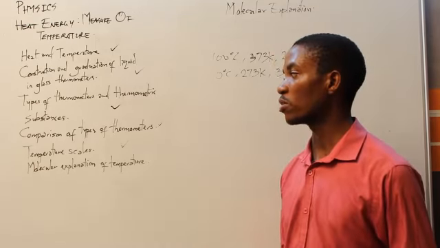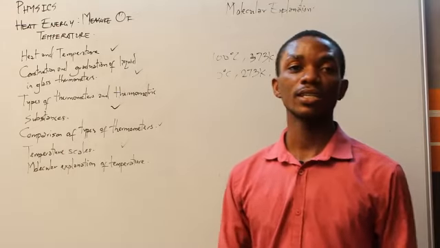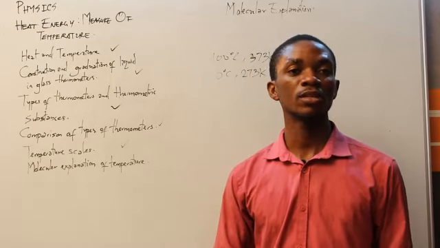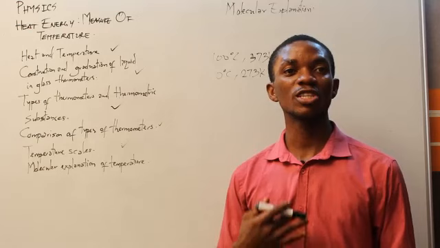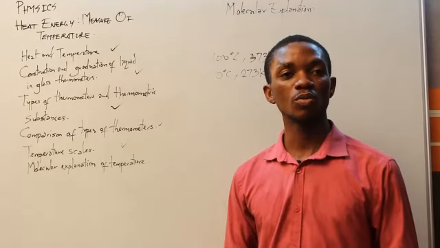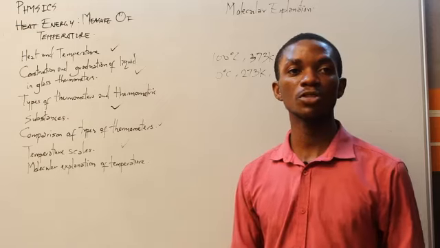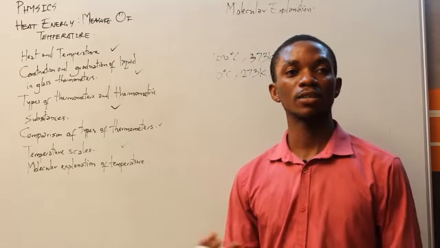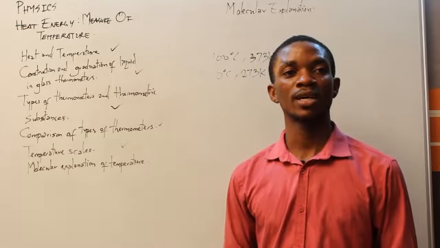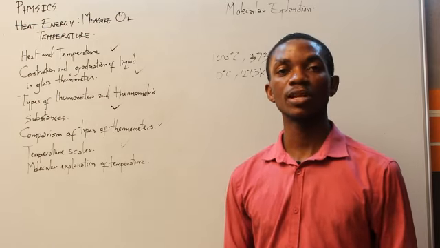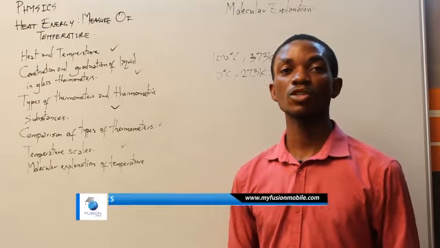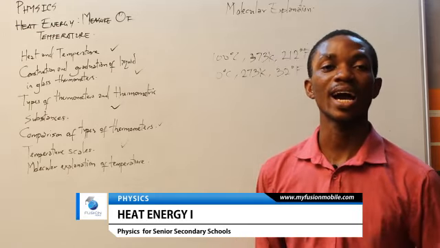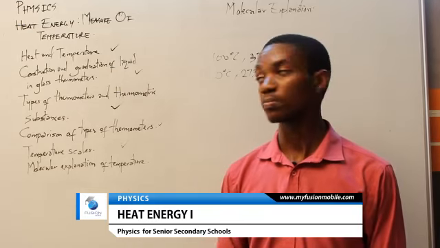We looked at the comparison of thermometers, and we decided that the most appropriate thermometer for day-to-day life is the liquid in glass thermometer, because it measures within the ranges we work with every day. But for extreme temperatures, we have other thermometers such as the constant volume gas thermometer, the platinum resistance thermometer, and the electric thermometer. These can measure extreme cold and extreme heat with a high degree of accuracy.